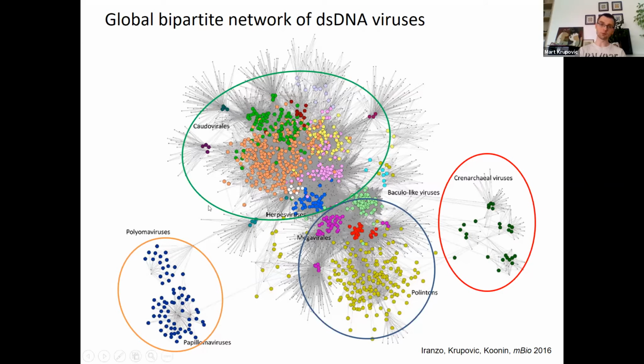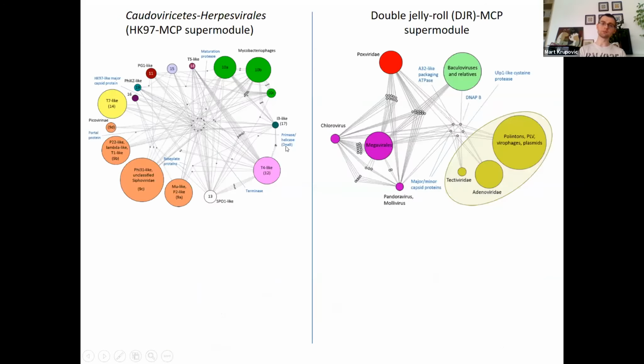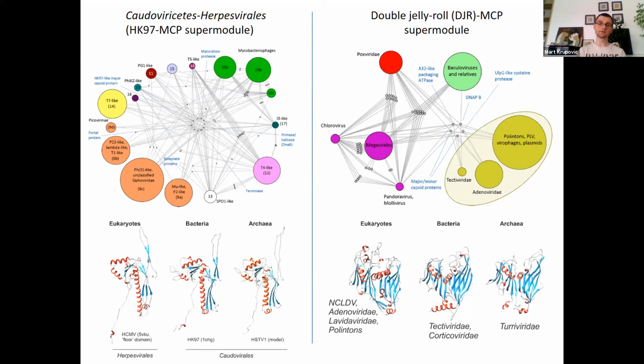The 2 biggest ones are represented, again, by a large number of virus families, which in fact have hosts in all 3 domains of life. But what is specific to each supermodule is a distinct morphogenetic module, or set of proteins required for virion formation, for genome packaging, virion maturation, and assembly.